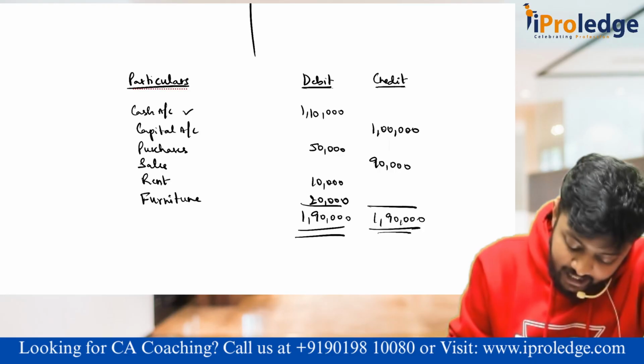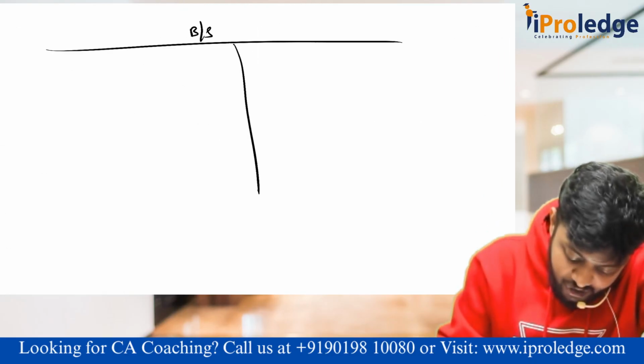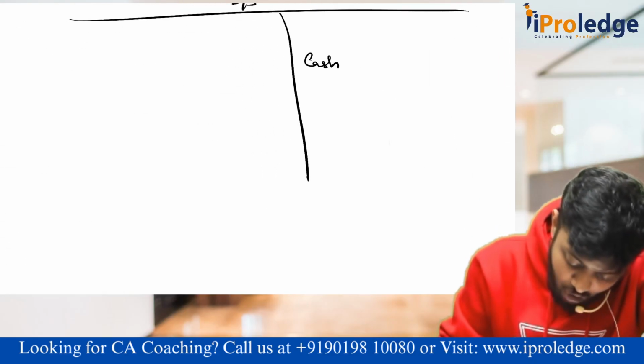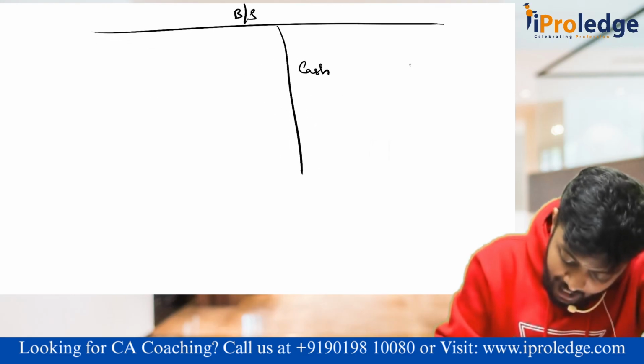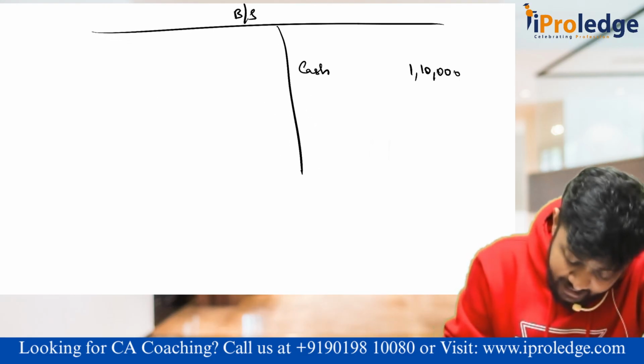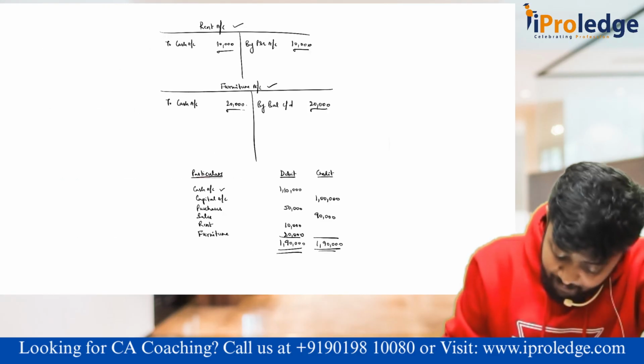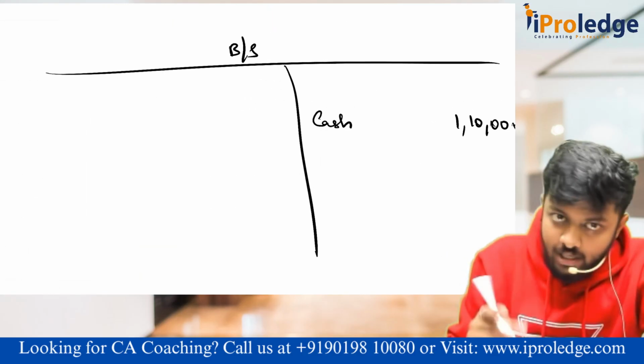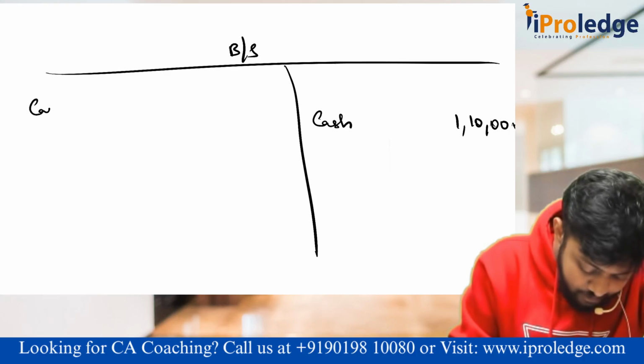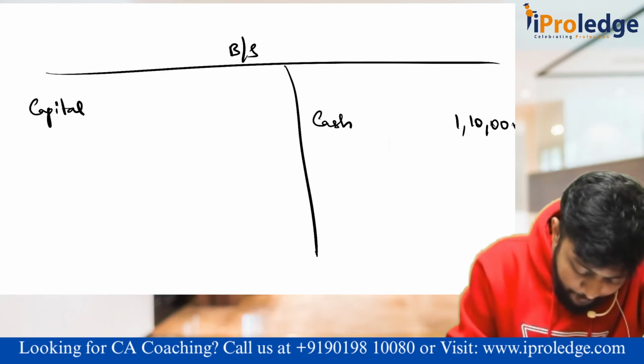First, cash is an asset. It comes on the asset side of the balance sheet. How much cash did we have? 1 lakh. Next, we have the capital balance of 1 lakh. Capital comes to the balance sheet, 1 lakh.